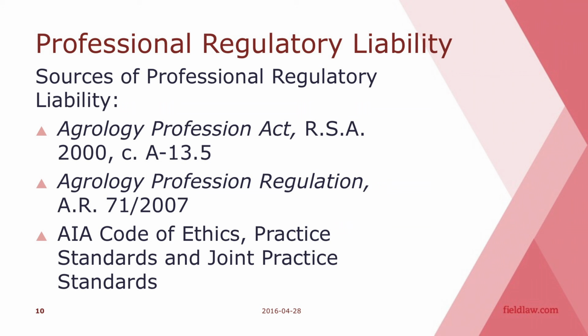So for example, there's one about reclamation and remediation in the oil and gas industry, and I think there's one that we're working on for wetlands as well. Right? Probably you're more familiar with those than I am. Those are the sources, the main ones anyway, of liability as a member of the profession.